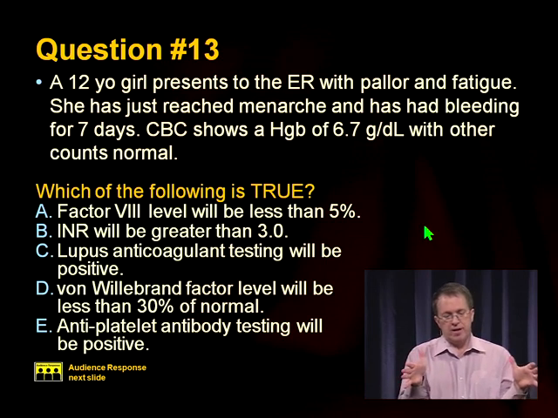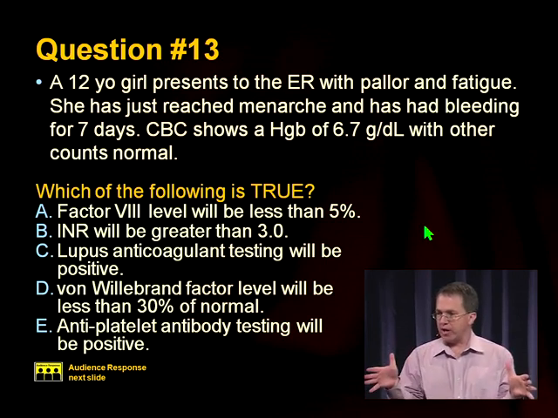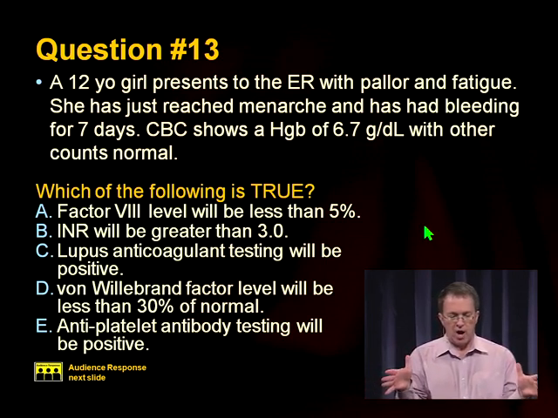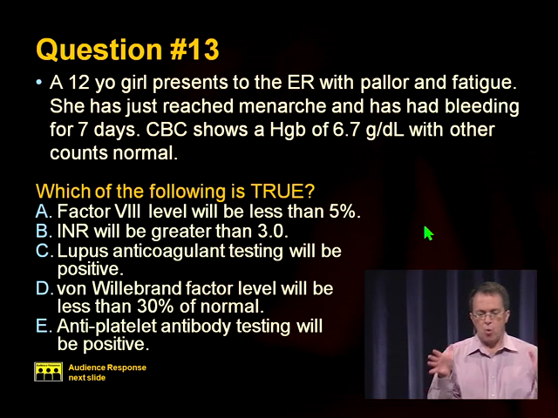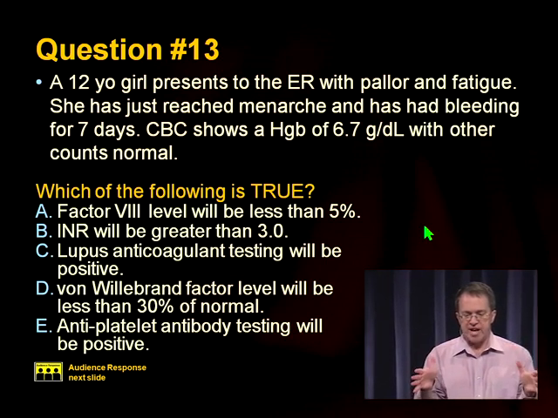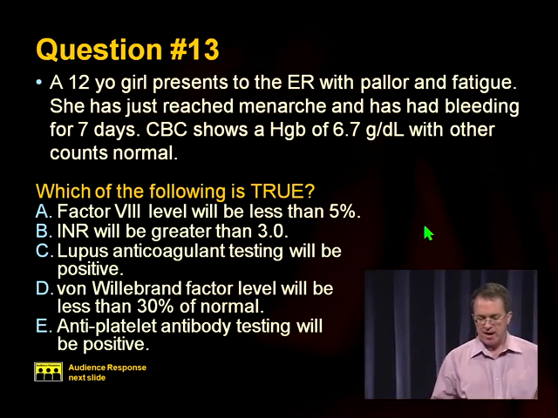Okay. Just reached menarche. All right. So what diagnosis does she have, and which of the following is going to be true? Factor VIII less than 5%, INR greater than 3, lupus anticoagulant positive, von Willebrand less than 30% of normal, antiplatelet antibody testing.